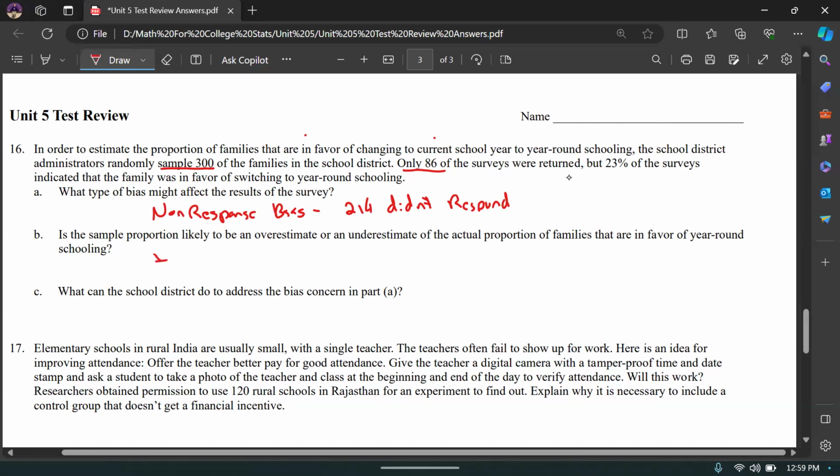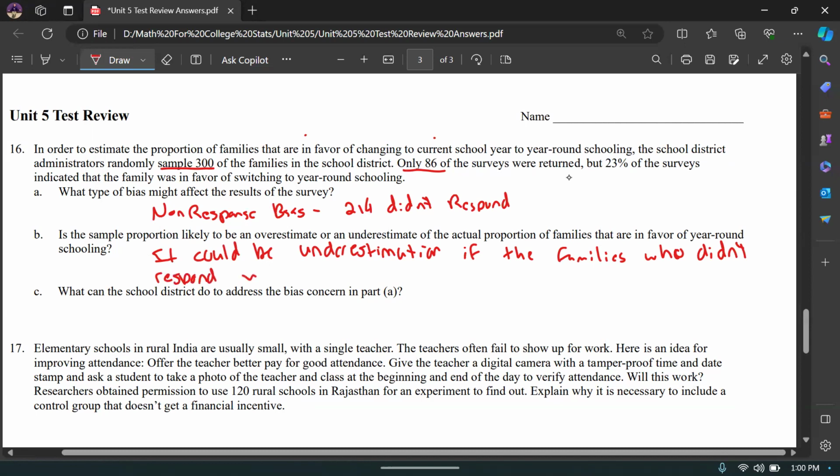So I'll say it could be underestimated if the families who didn't respond would prefer switching to year-round schooling.